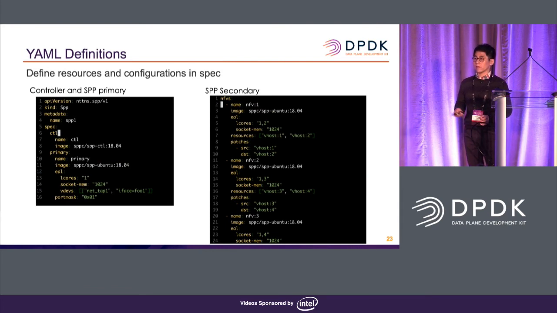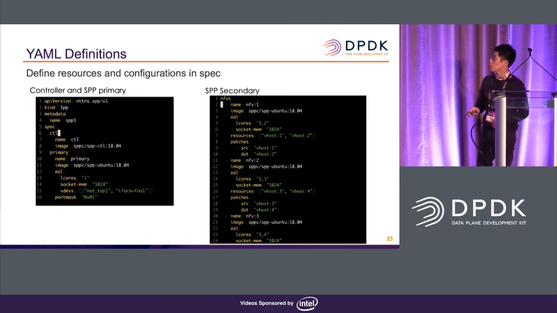And after defining APIs and controllers, we can define any resources such as requires or socket name, as you may know, in a DPDK application, which can be defined with general Kubernetes resources.